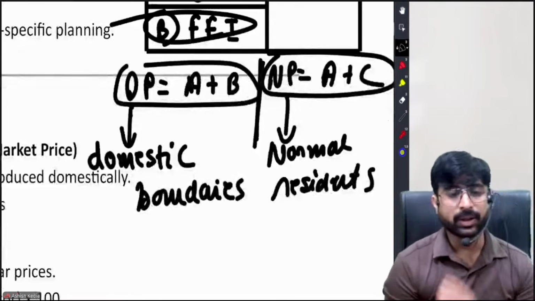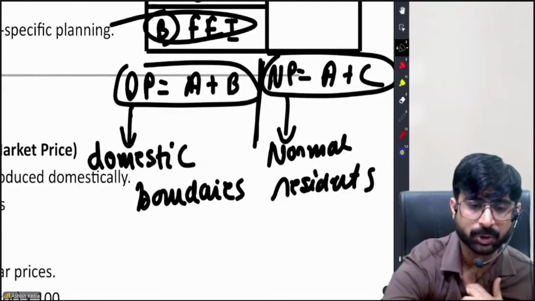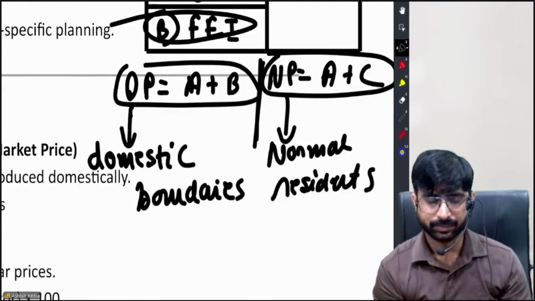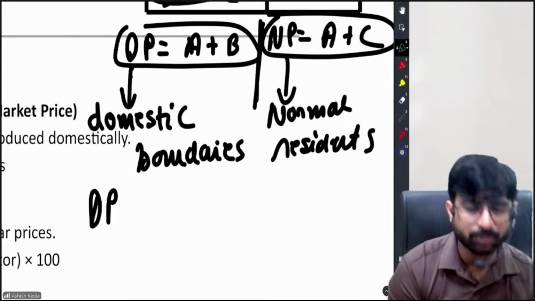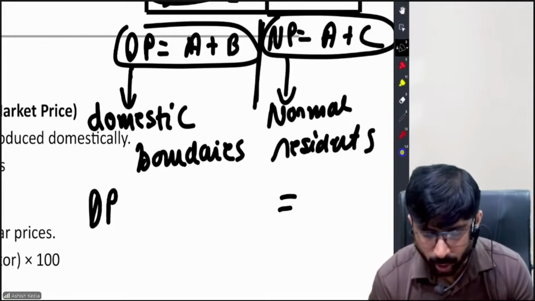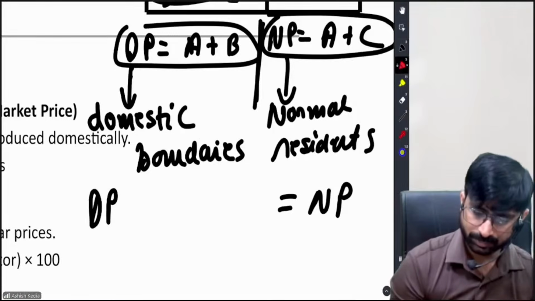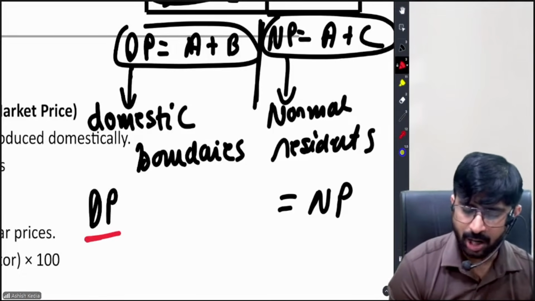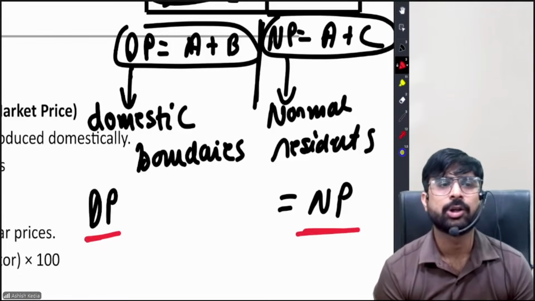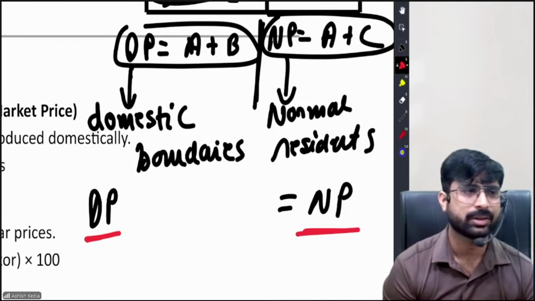Now, students, an important question for the numerical perspective is, if you are already at domestic product, friends, and you want to reach here, that is national product, how do you do so? How do you reach from domestic product to national product?